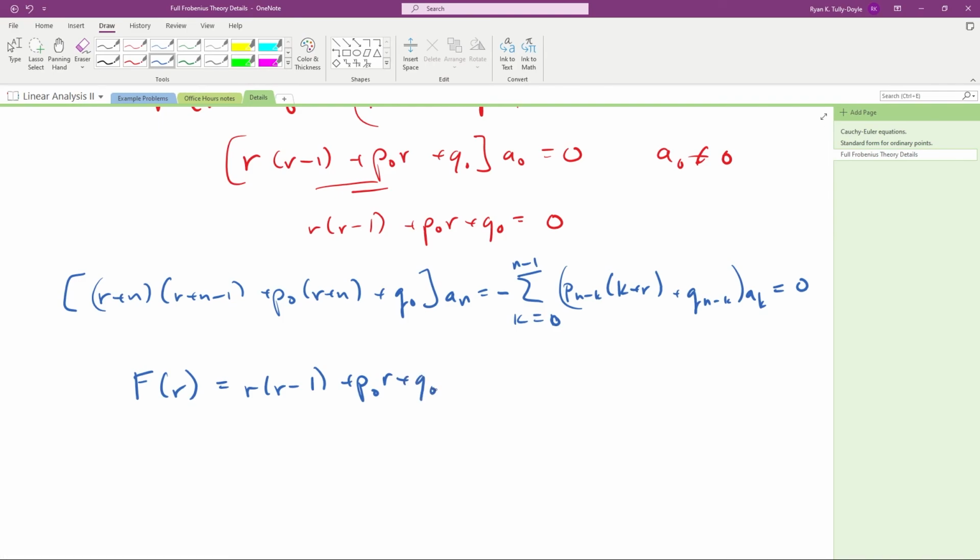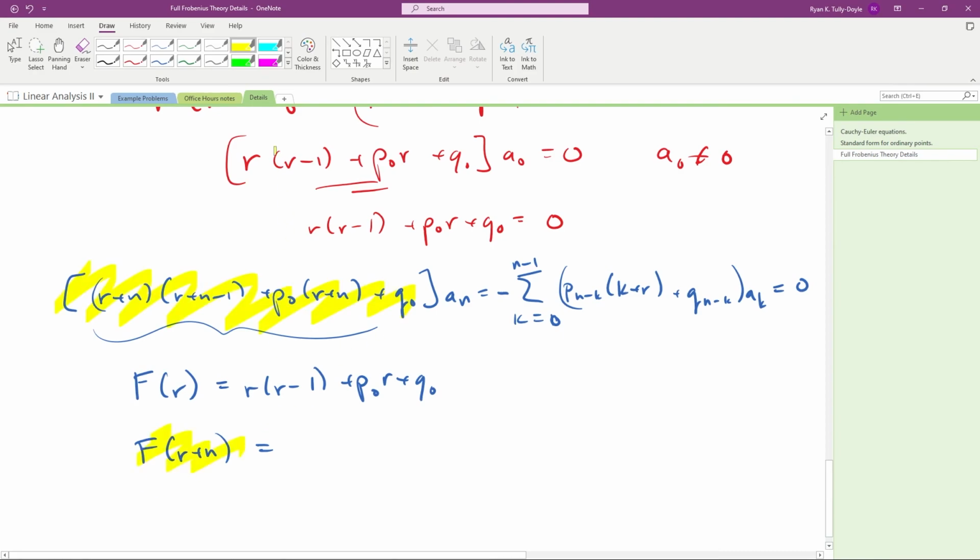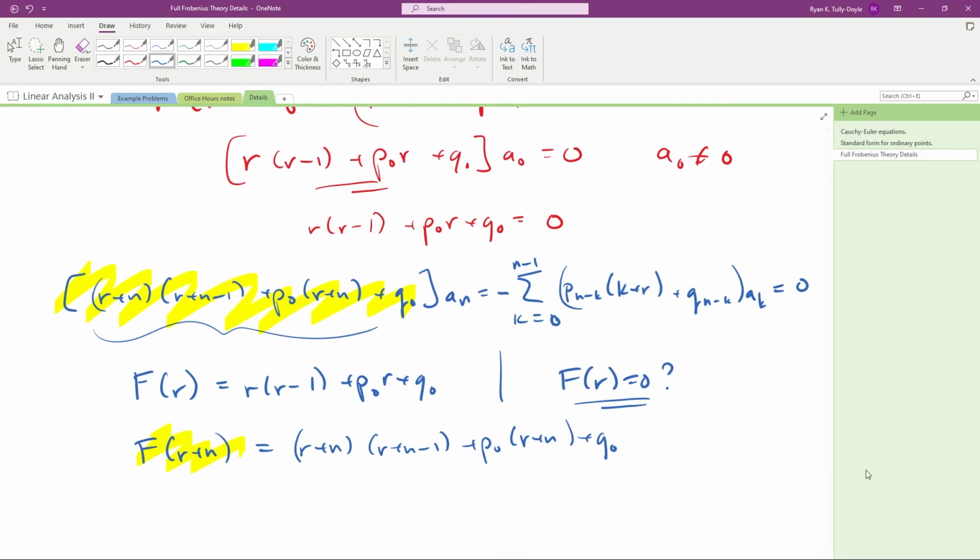What F(r) is going to represent is the n equals 0 case of this function right here. And we're going to have the property that F(r + n) is just equal to all of this. So all of this stuff right here is F(r + n). And the indicial equation is just solving the case when F(r) is equal to 0. That's what gave us the r_1 and the r_2 from the previous structure.